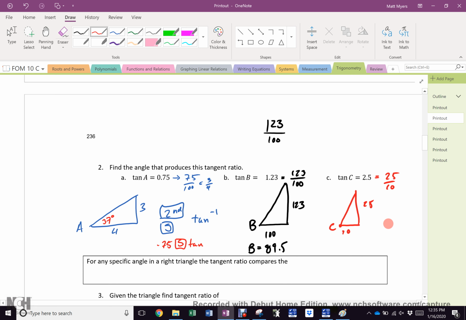Then how far would I go up? 250. What if I went this way 15? How far would I go up? 37.5, because I went out 1.5, so I would go up 1.5. Is everybody cool?